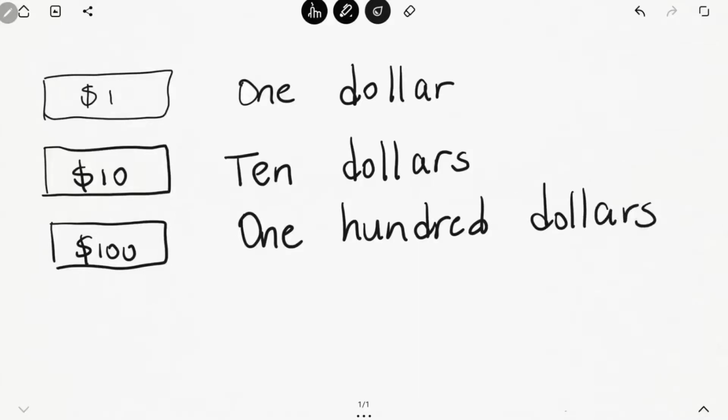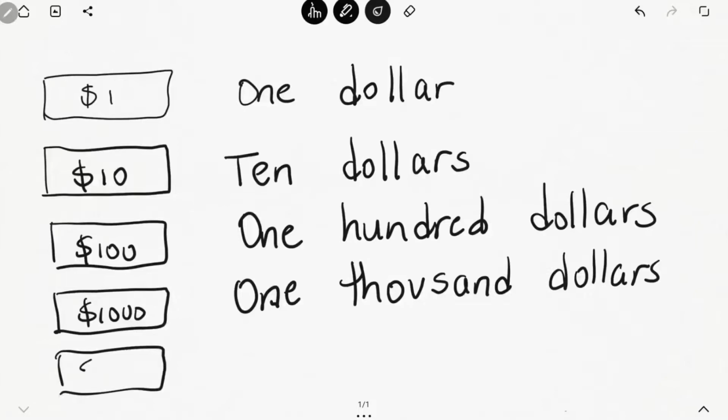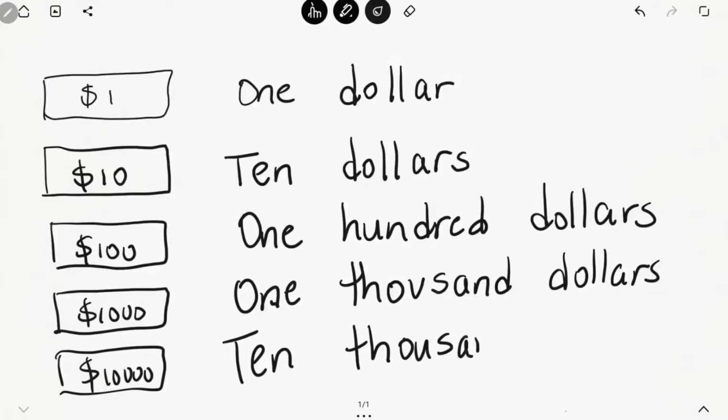All right, and now we have our $1,000 bill, and we have $1,000, and now we have our $10,000 bill, and we write this as $10,000. Okay, so this is how you write these currencies in words, and just wanted to show that to you, and that is on page 6 of our book.